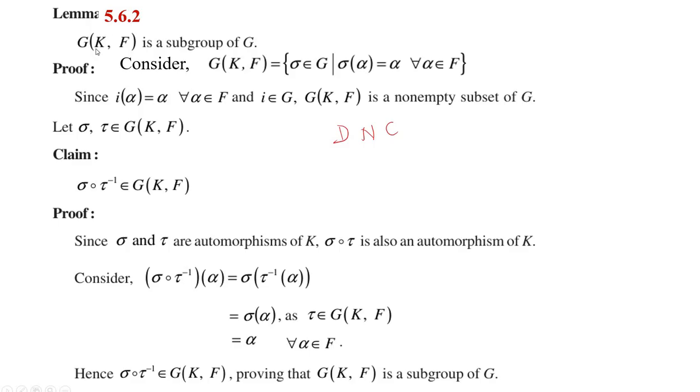Right, now in this lemma we are going to show G(K/F) to be a subgroup. Whatever sub-collection you want to show as a subgroup, describe it first. So G(K/F), I said already, G means mappings. When you look at the definition of K_G, it will be all those scalars in K such that sigma of A equals A for all sigma in G, and for G(K/F), for all sigma in G(K/F).